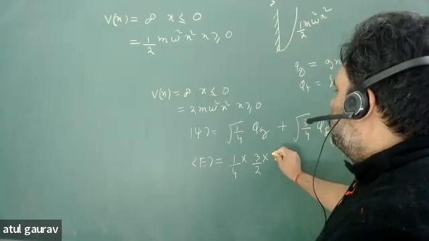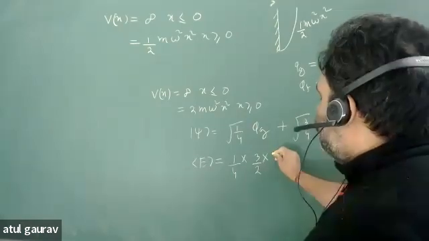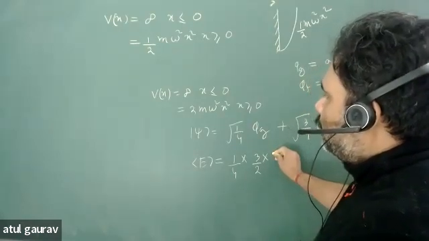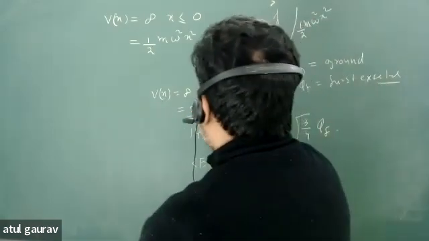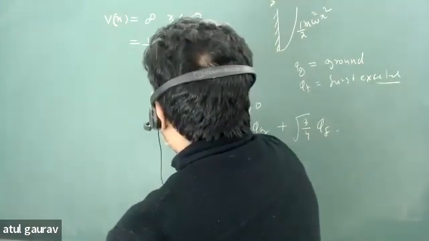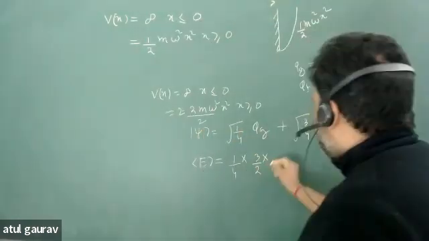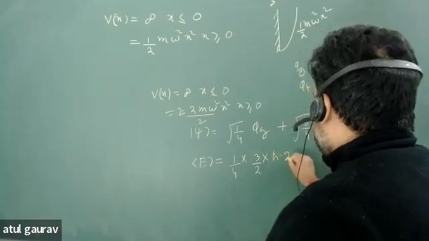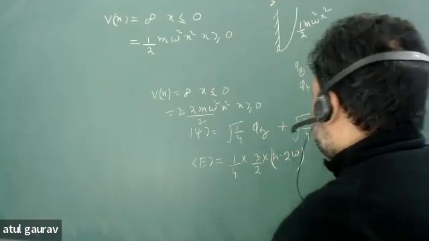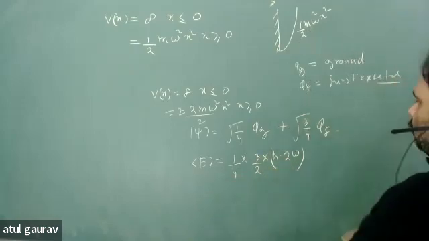Root 2 omega? H cut into 2 omega. You have to divide by 2 and you have to multiply by 2. So 3 by 2 into H cut into 2 omega. Isn't it? This is your ground state energy.